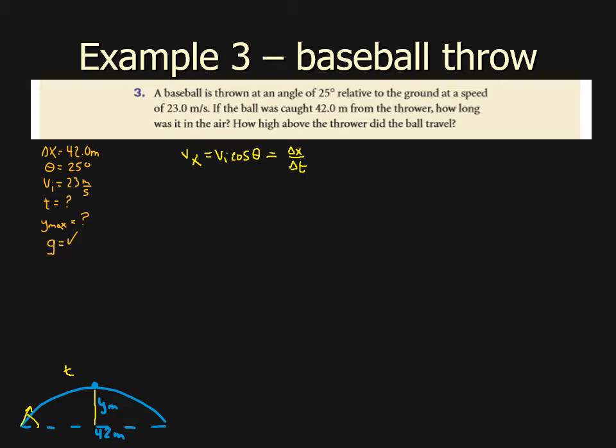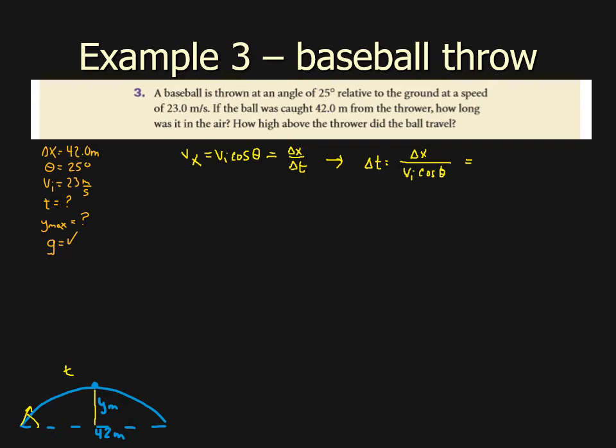We don't have the time. We are looking for the time of flight. And so let's rearrange this to solve for time. Delta t equals x over the velocity, which is vi cosine of the angle.